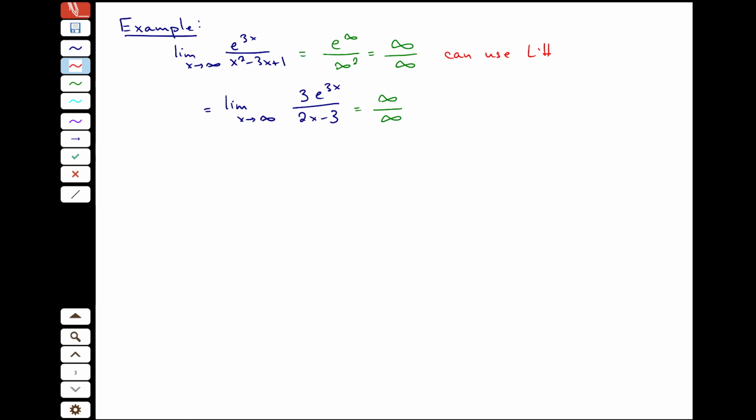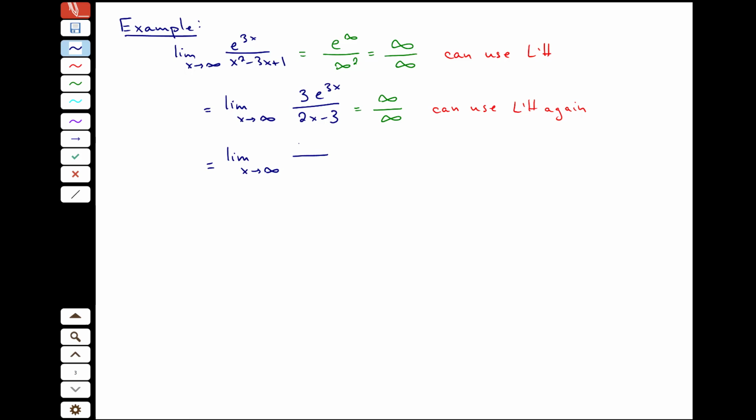But remember, L'Hopital's rule applies to this type of limit. So again, we can use L'Hopital. And so now this second limit must be equal to the limit of its derivatives.